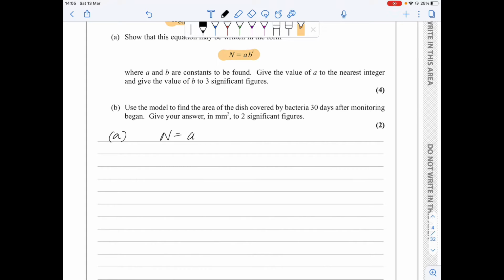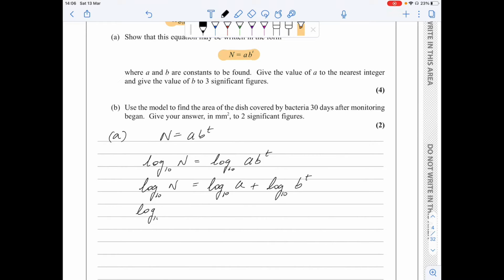N equals a times b to the power of t. So log n equals log of a times b to the power of t. That's log n equals log of a plus log b to the power of t.